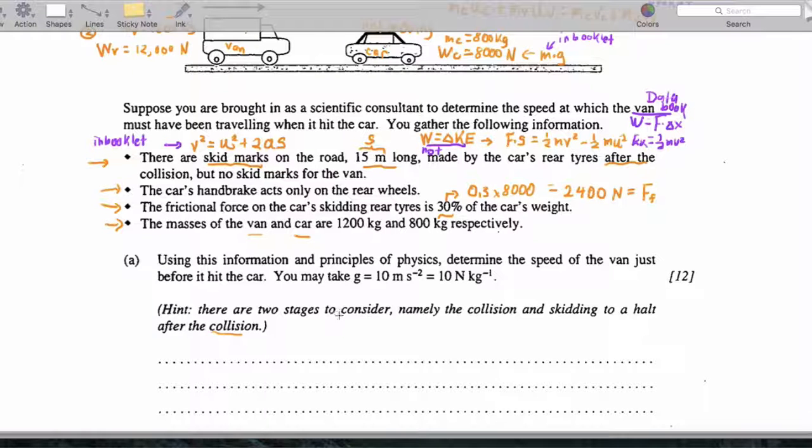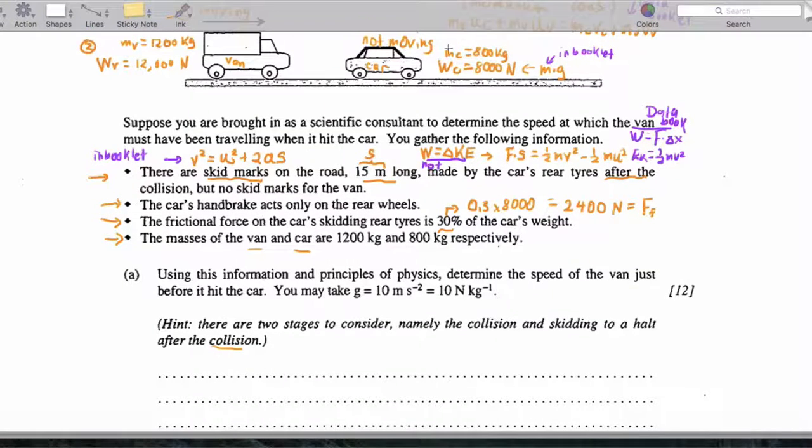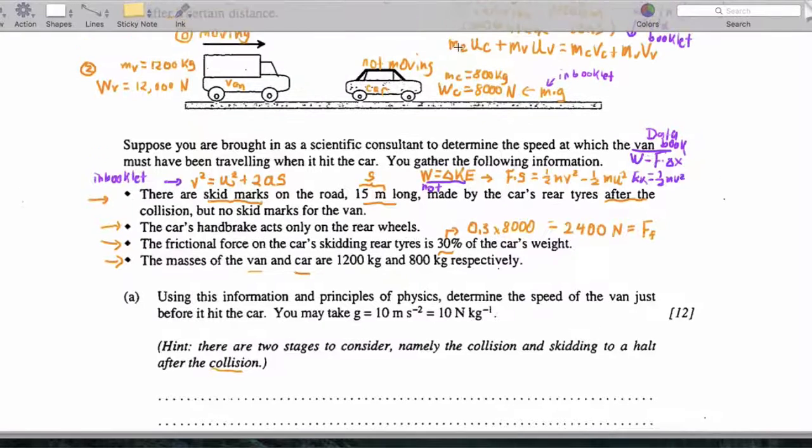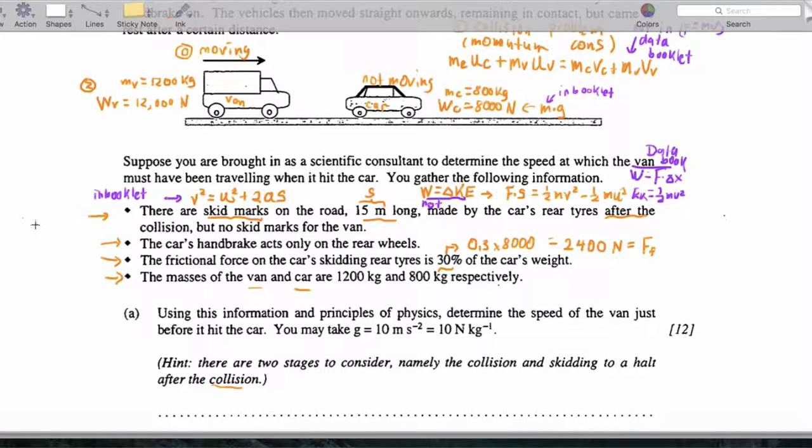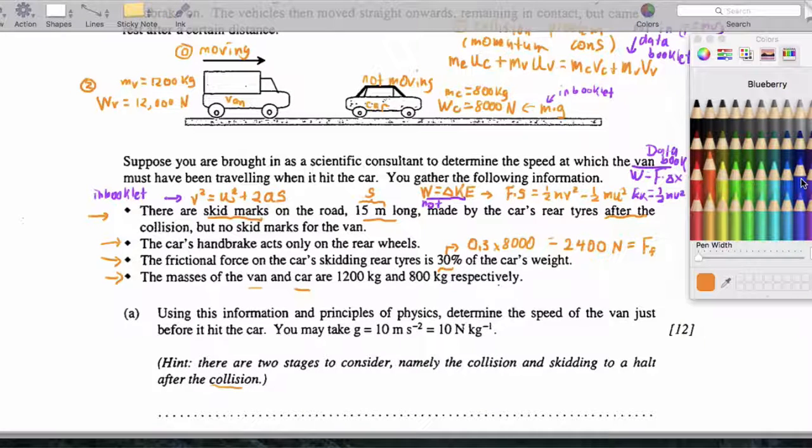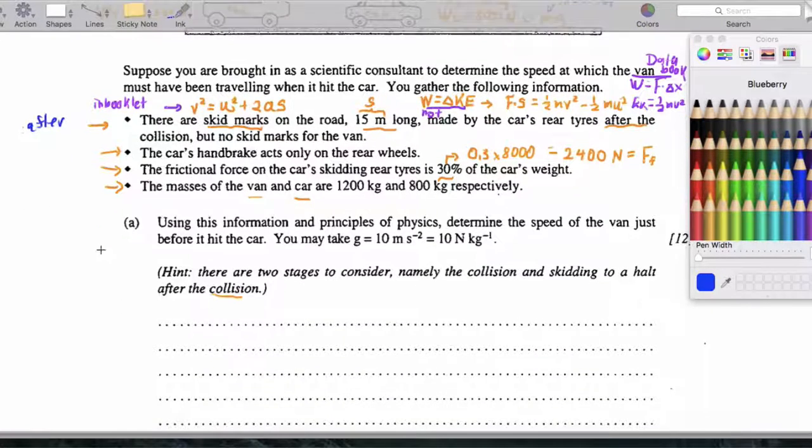We are told there are two stages to consider, namely the collision and then skidding to a halt after the collision. Now, when I look here, the information they've given me is something that happens after the collision. So here's what I'm going to do. I'm going to work backwards.